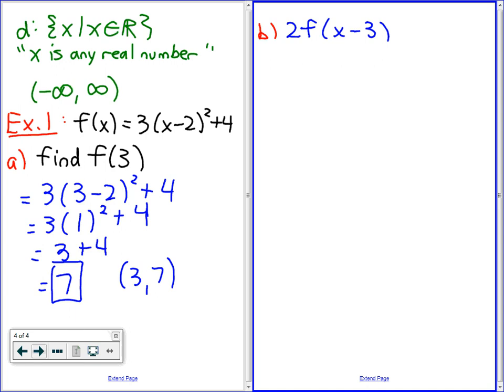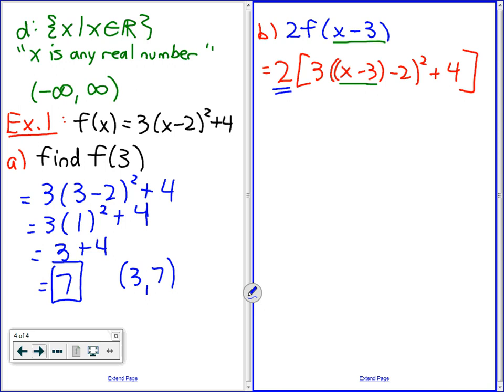So if it's x minus 3, everywhere I see an x, I'm just going to put an x minus 3. The 2 on the outside means whatever my function is at the very end, I just times it by 2. So I'll even give you the first line because I'm kind. The x minus 3 is the x minus 3, and the 2 is the 2.